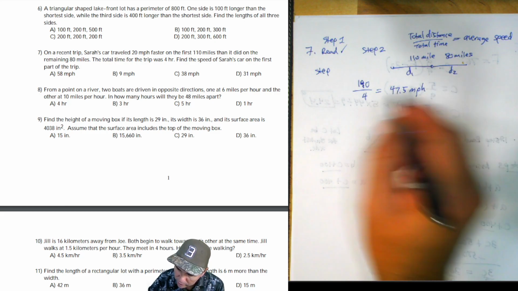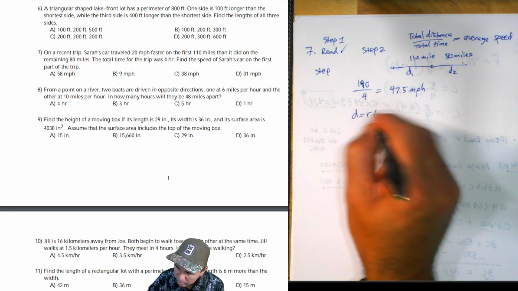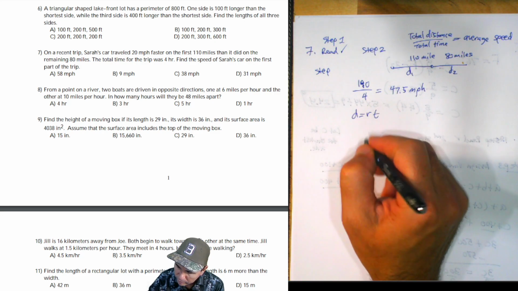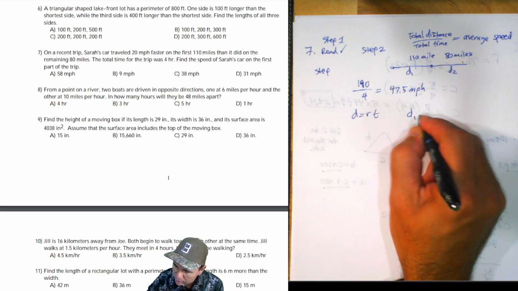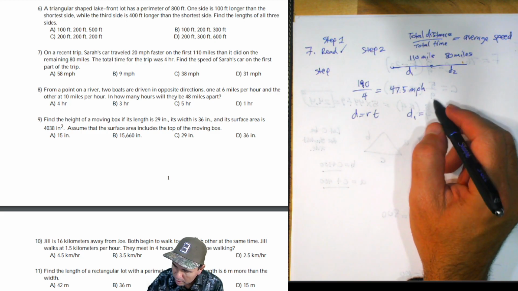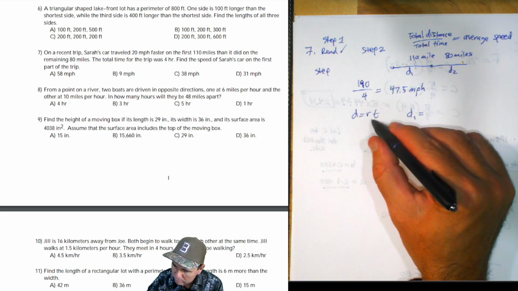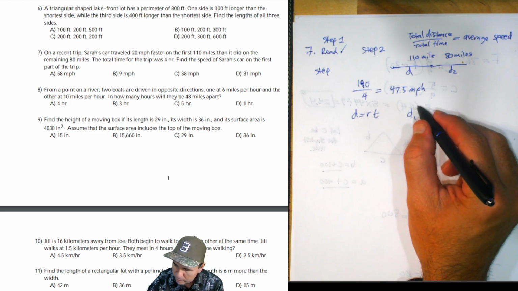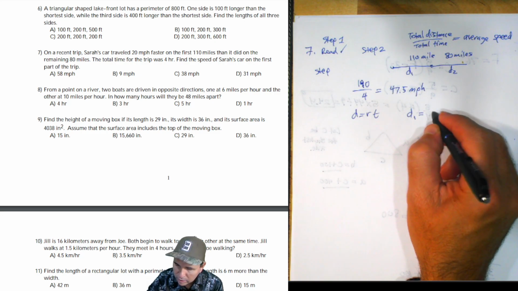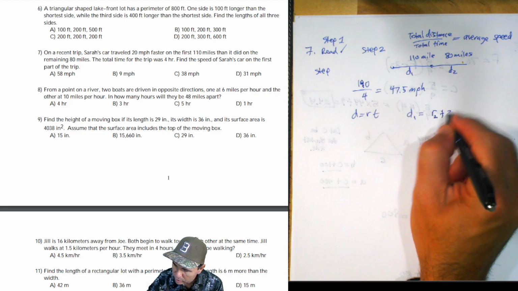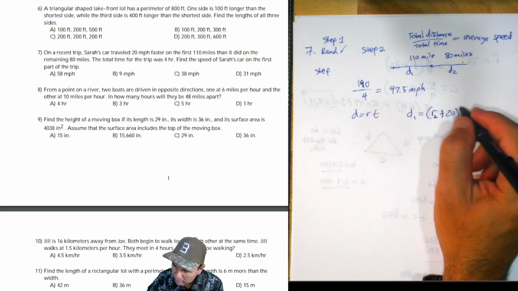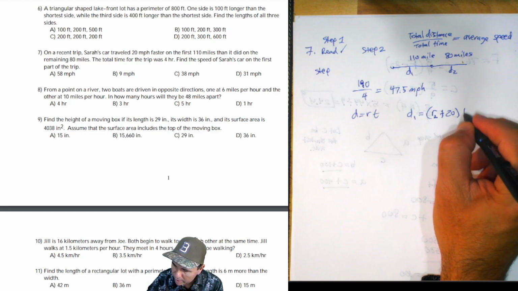So we know distance is equal to rate times time. Okay? And we know that distance 1 is equal to some speed, right? Some rate, but it's faster than the second rate by 20 miles. And the time is some t time, right?